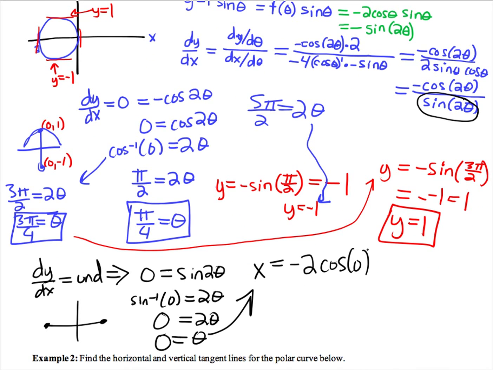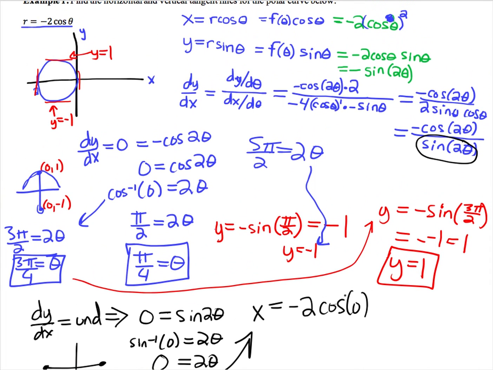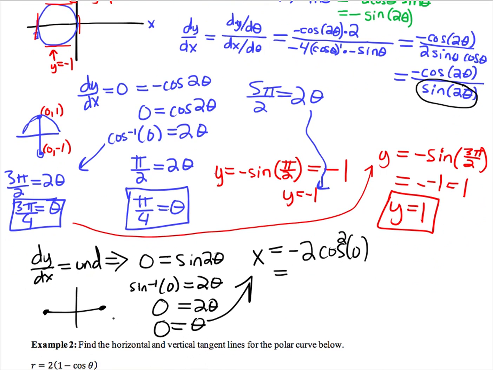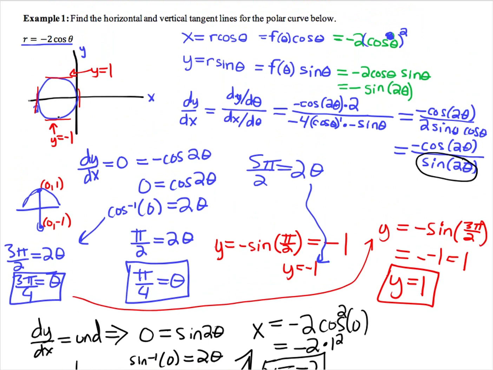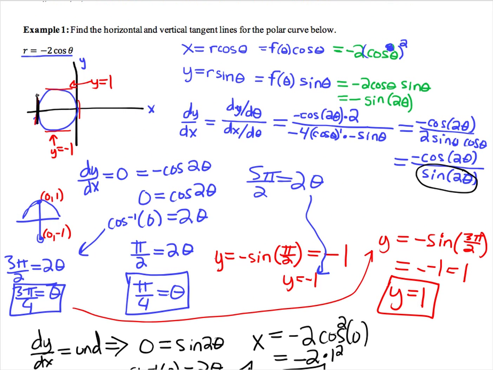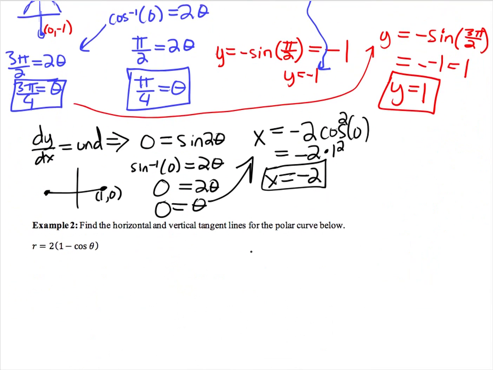And negative 2 cosine of 0. Oh, and I need to square that. So cosine squared. So what is the cosine at 0? Well, at 0, cosine is x. That's going to be 1. So that's negative 2 times 1 squared. That's just negative 2. So x equals negative 2. Is that one of our tangent lines that we were thinking about? Yeah, that's this one right here. Nice. So hopefully the next answer will be the other one.